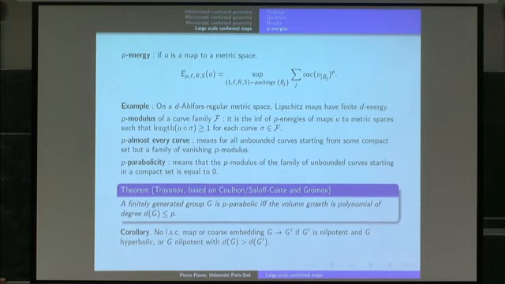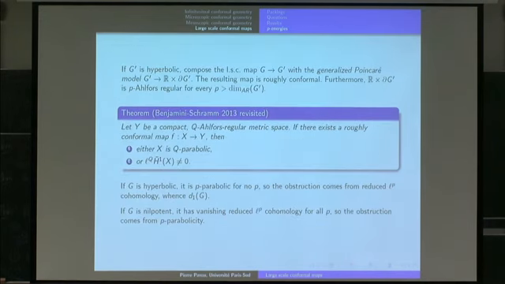So the 2 remaining cases are when the ranges are hyperbolic, and now not at all p-parabolic. And then the argument is different. The idea is to use the Poincaré model of a hyperbolic group. So what is the Poincaré model? Here is a picture of a hyperbolic group with its ideal boundary.